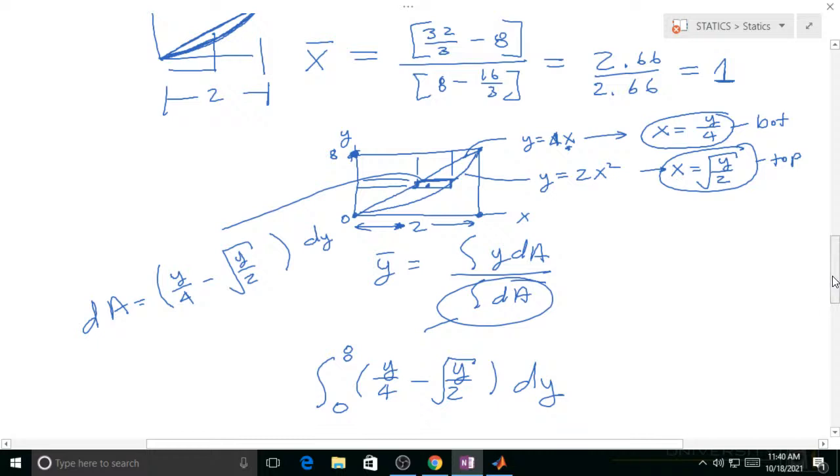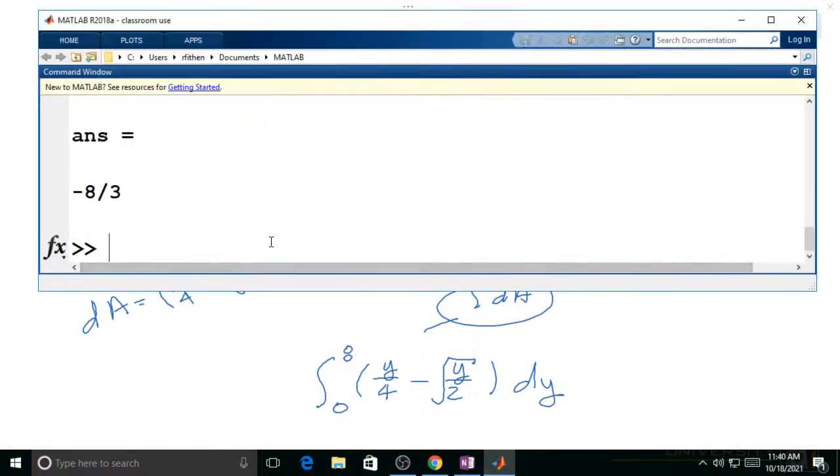It was 2.66. Oh, no, that's the x. So the area was 2.66. Is that 8 divided by 3? I think that's right. Yep, that's it. So the answer's right. It's the absolute value of that.